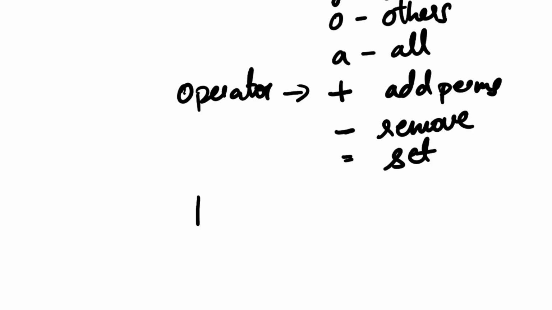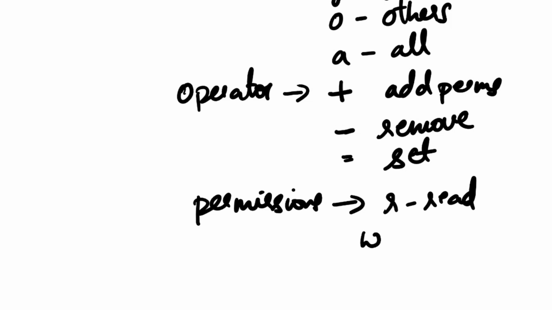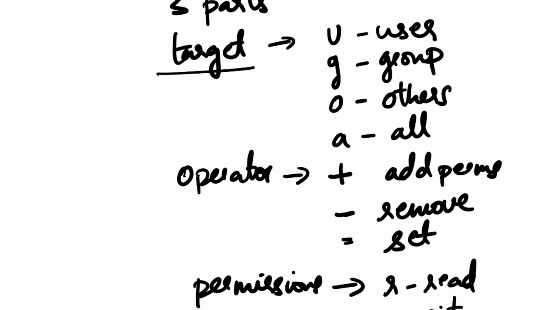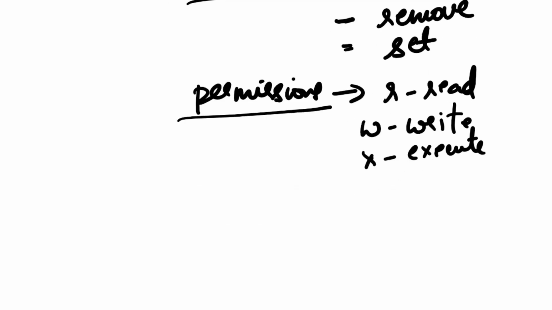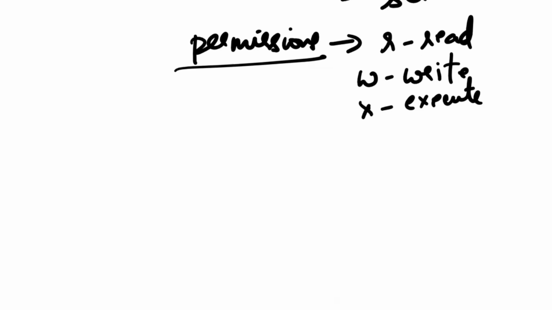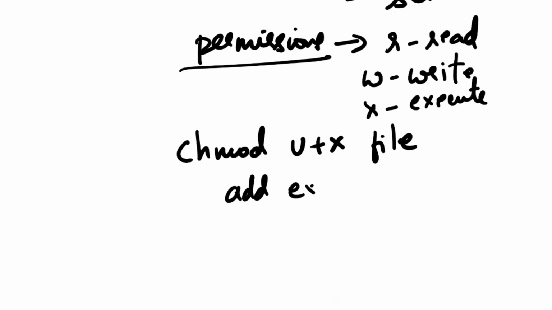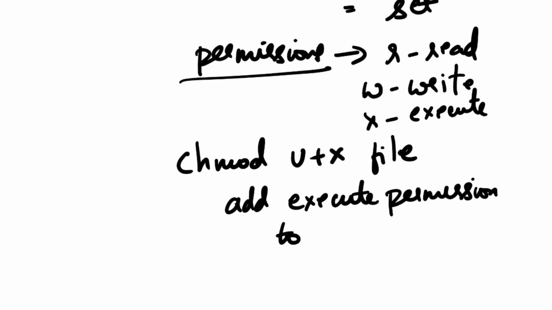And the other one is permissions, that is r for read, w for write, and x for execute. So these are the 3 parts: target, operator, and permissions. Now let's look at an example. If you write chmod u+x file name, then this is to add execute permissions to the owner.